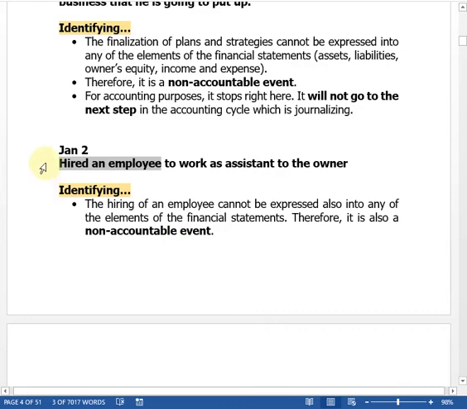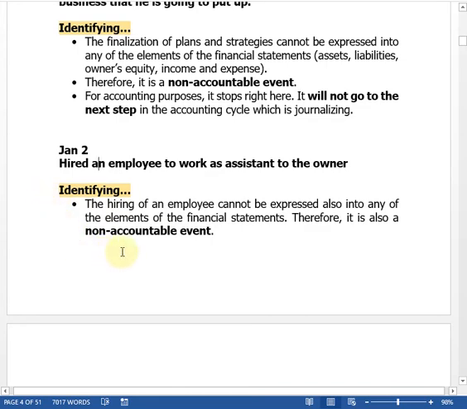But for accounting purposes, since the hiring cannot be converted into any of the elements, the hiring transaction will stop here in the identifying stage of the accounting cycle.